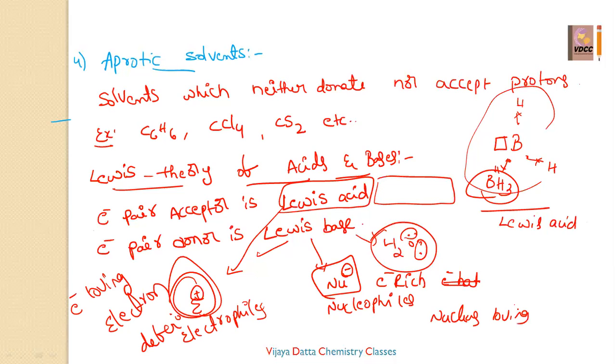So this is about the Lewis theory, and here we are going to discuss some types of Lewis acids. All simple cations come under Lewis acids. I want to give some examples: all simple cations like H plus, Ag plus, Co3 plus, CH3 plus.